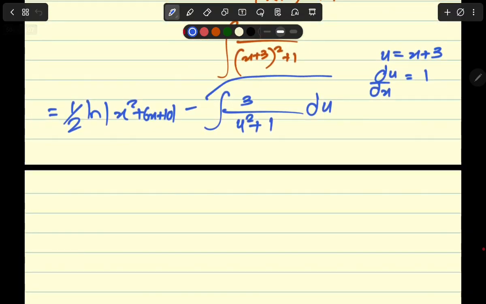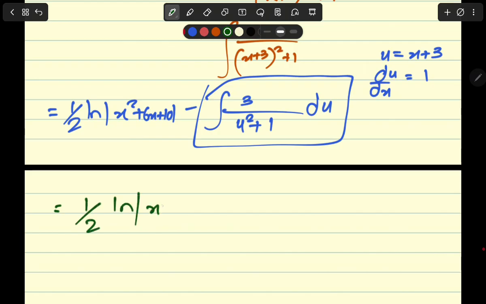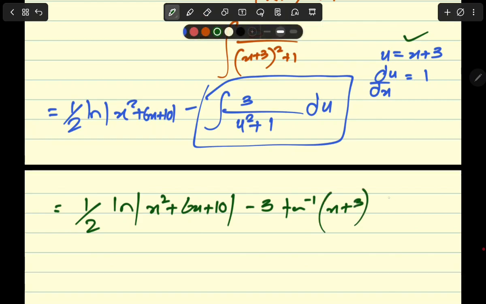We haven't done the inverse tan integration so far, but I'm just going to write it here, and we are going to do it towards the end of this lecture. We are progressing towards that. So ln(x² + 6x + 10) minus 3 tan⁻¹ of u, which is nothing but x + 3. So I'm going to put tan⁻¹(x + 3), and the constant of integration. So that's your answer.